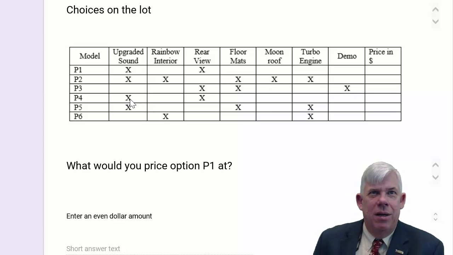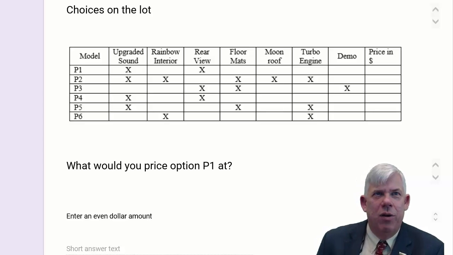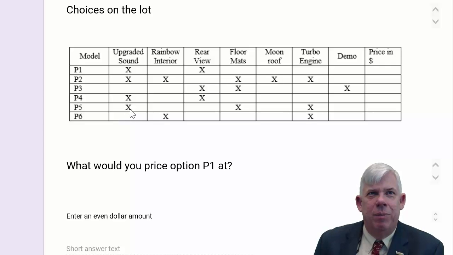The next one has an upgraded sound system, a rear view camera. Notice that this is the same as P4. And when we talk a little bit more about the notion of validity, this would be an example of something that we could be using to test the reliability of our survey. P5, upgraded sound, floor mats, turbo engine, and P6, rainbow interior, turbo engine, and so forth.